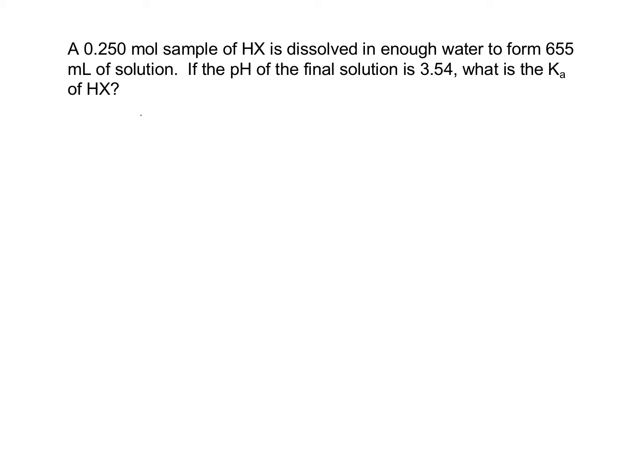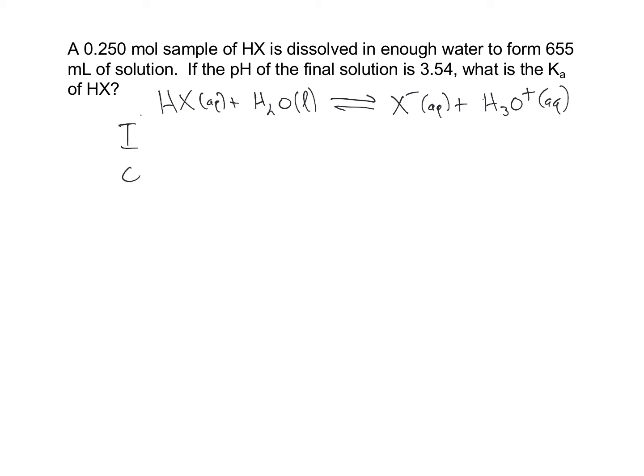Okay, so let's start out by going ahead and setting up our ice table. Now, to find the initial concentration of HX, I have to do a little bit of work, because they gave me the moles and the volume, but not the molarity.